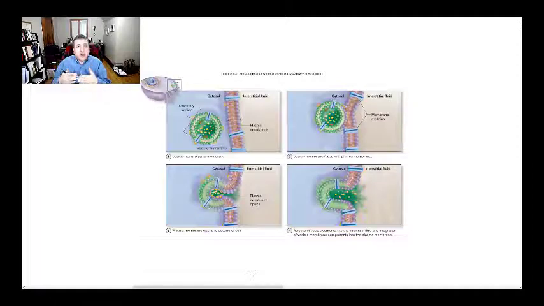Remember last semester when you were talking about the various organelles inside of a cell? A vesicle is just a membrane-bound sac holding something. Think of a water balloon as a vesicle. The balloon itself is the membrane, and it's holding water. A vesicle is a membrane holding something.